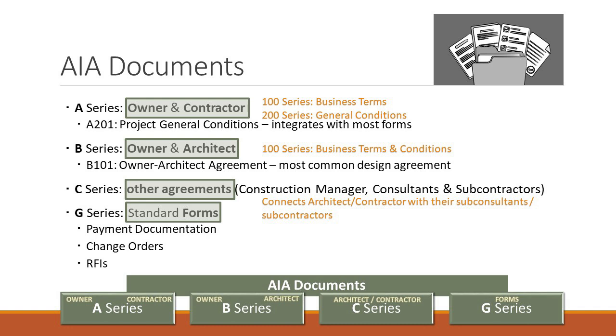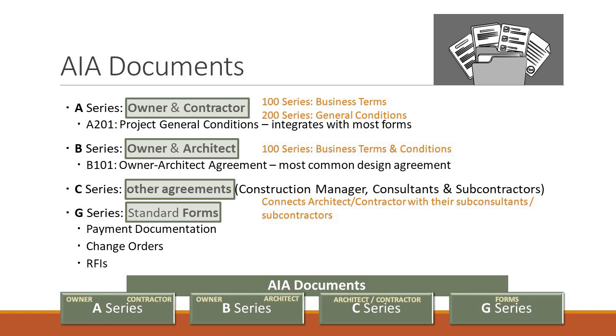Now, the difference between the A series and the B series is that there's going to be A100s, 101, 102, 103, 104, and then there's going to be the A200s. So for most of your projects with the owner-contractor, you're going to be using two documents, two instruments.